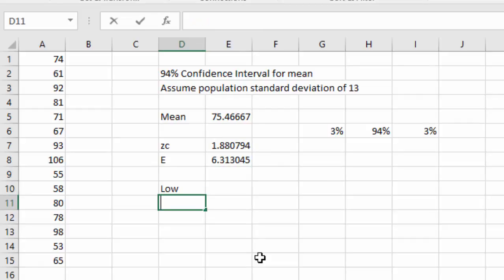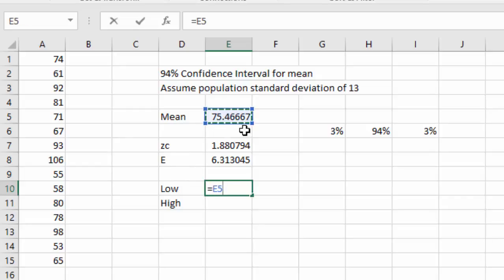Now we're ready to find the low and high values on our interval. I like to have Excel do all the work, so I'm going to hit equals. We'll select the mean, and we need to subtract off the error, select the error, and hit enter. This is the low value for our confidence interval.